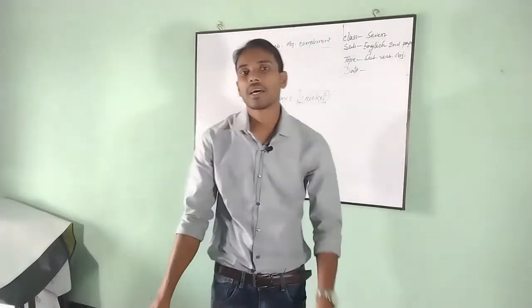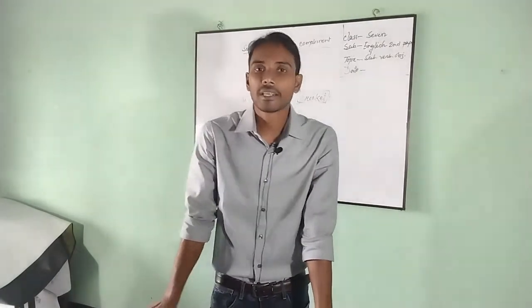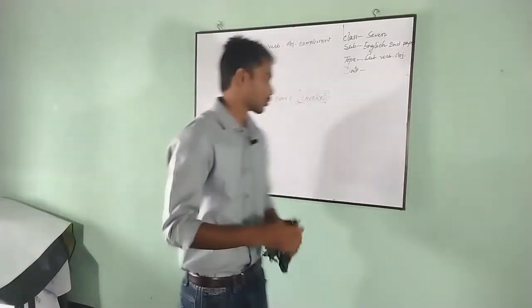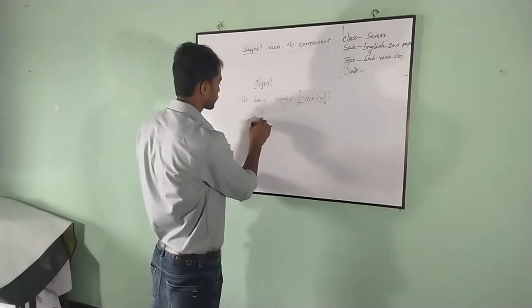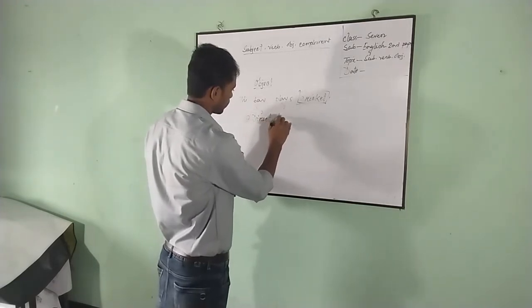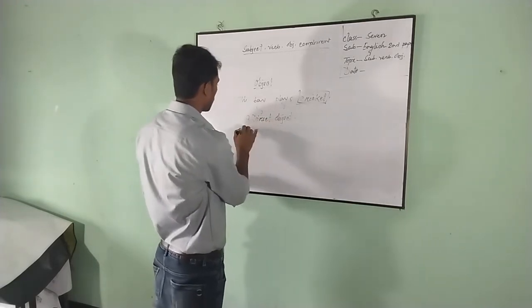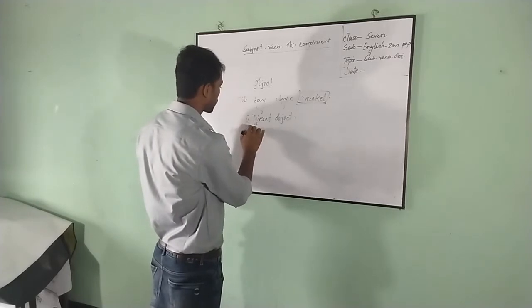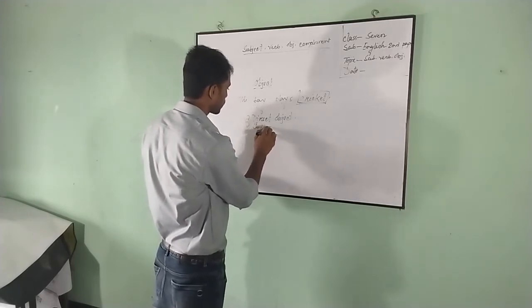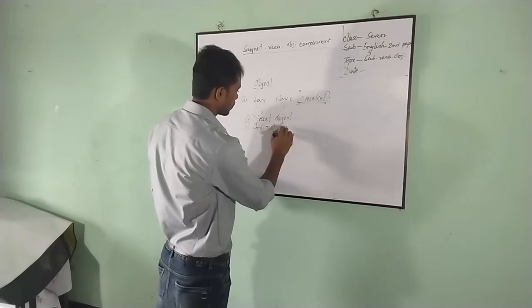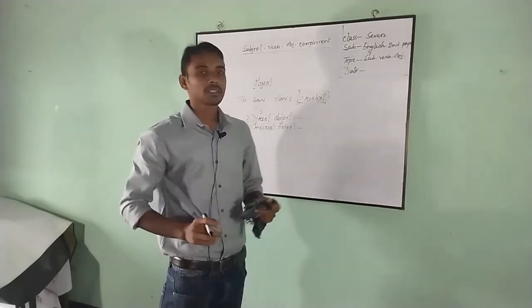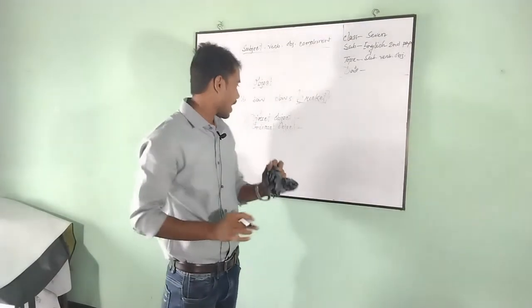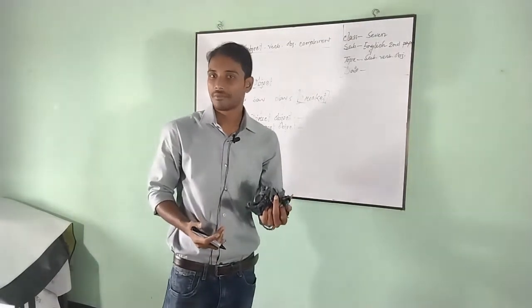You know there are two types of object: number one, direct object, and number two, indirect object. A direct object refers to a thing and an indirect object refers to a person.